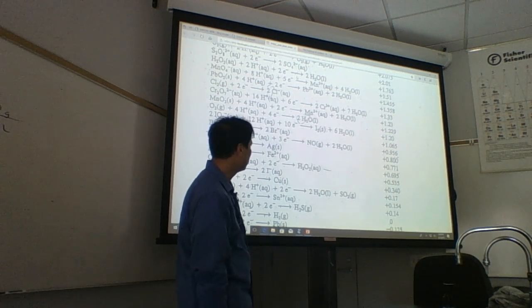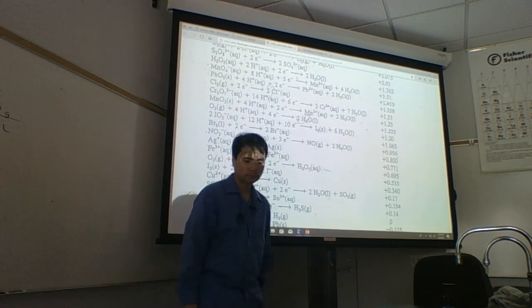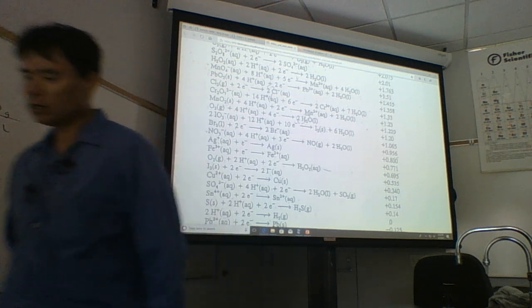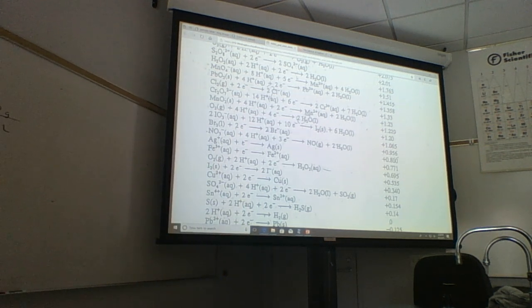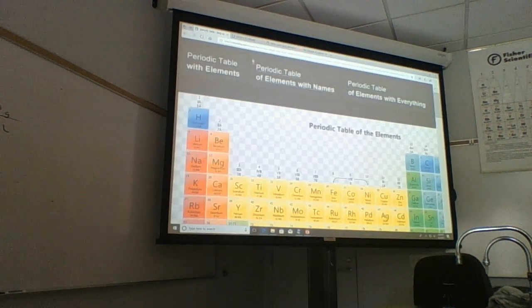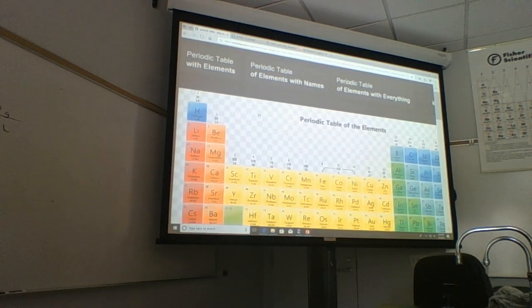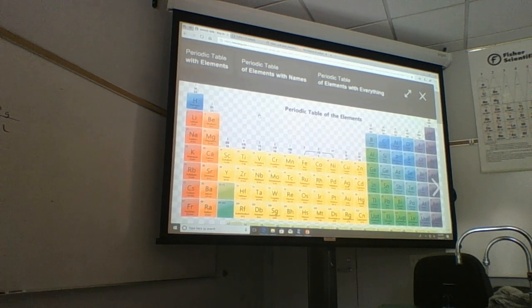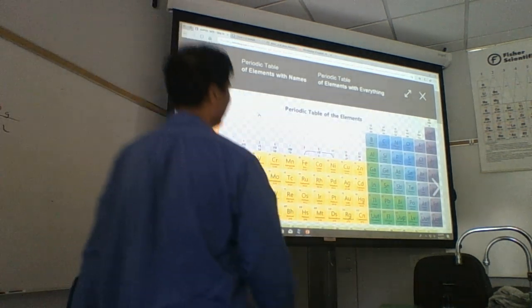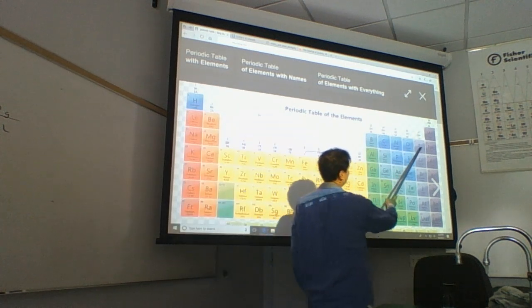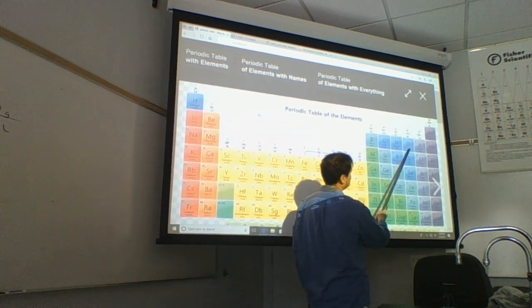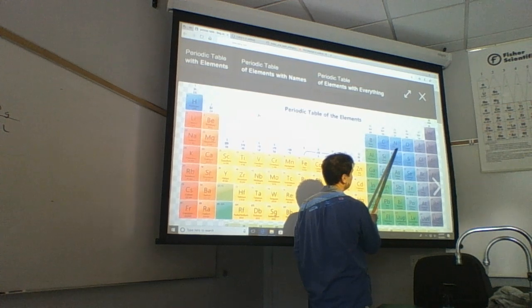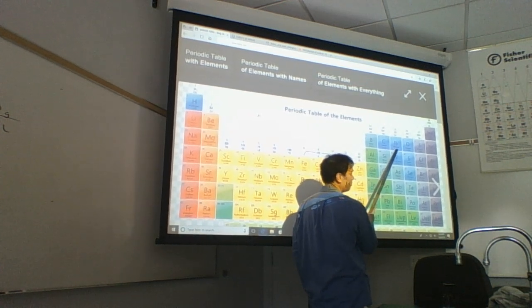Nitrogen's charge can vary. Nitrogen's charge or oxidation state can vary. When we look at the periodic table, for example, fluorine's -1, fluoride, oxygen's -2, oxide, nitrogen is -3, nitride.